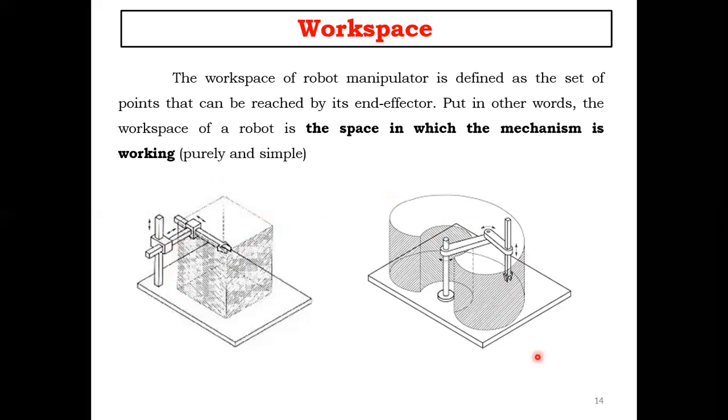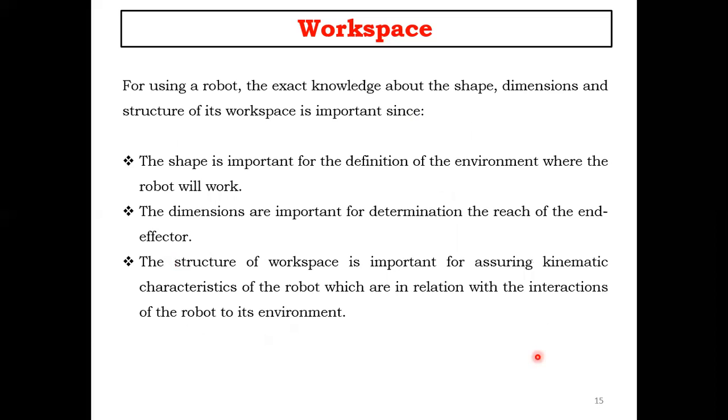Okay, nowadays we have many workspace software packages. When you enter the axes of the robot, joint size, joint link length, like that, and feed it to the software, the workspace will be calculated automatically by the simulators. Okay. So for using a robot, exact knowledge about the shape, dimension, and structure of its workspace is important.